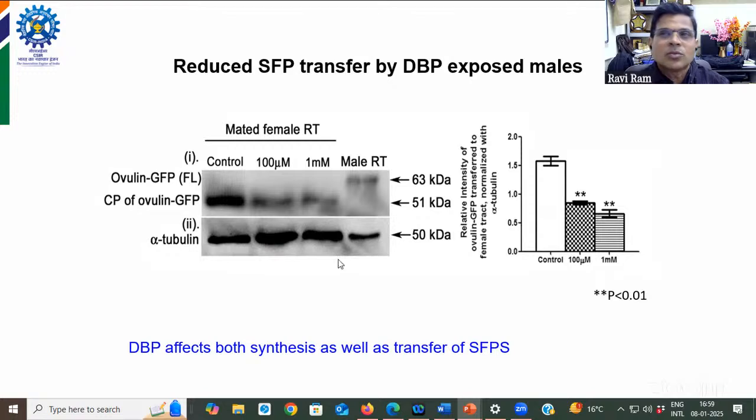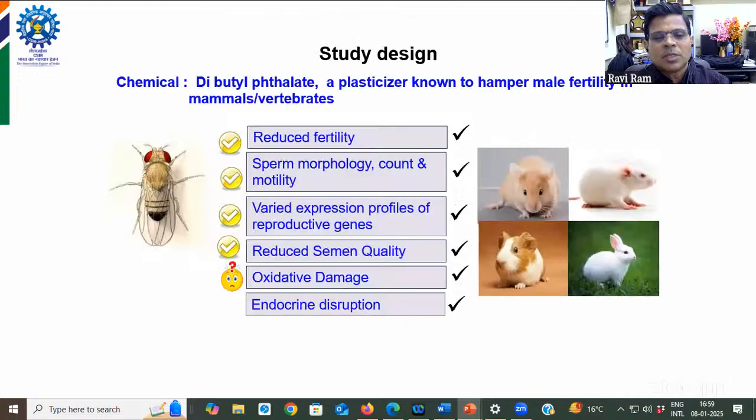This suggested that not only the synthesis of seminal proteins is affected when the flies are exposed to DBP, but their transfer is also compromised. So it's pretty clear that the expression of genes associated with reproductive functions is compromised, and semen quality is also altered in these cases.